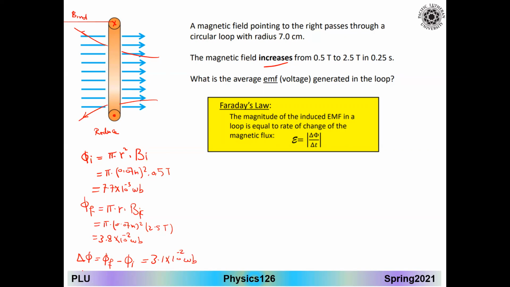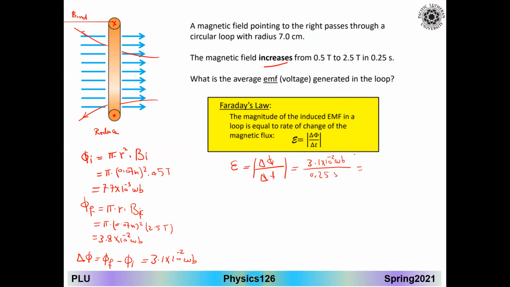Now that I have delta phi, I can find the induced EMF. The absolute value of the induced EMF is delta phi divided by delta t: 3.1 times 10 to the power of -2 Weber, divided by 0.25 seconds.